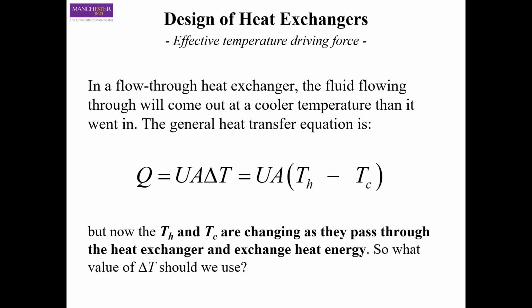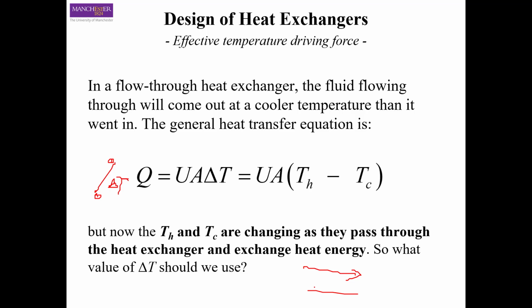But when you have a length of different points, so for example, the hot fluid is moving in this direction, the cold fluid is moving in this direction, and over this length of heat exchange, the delta T is changing between each point.